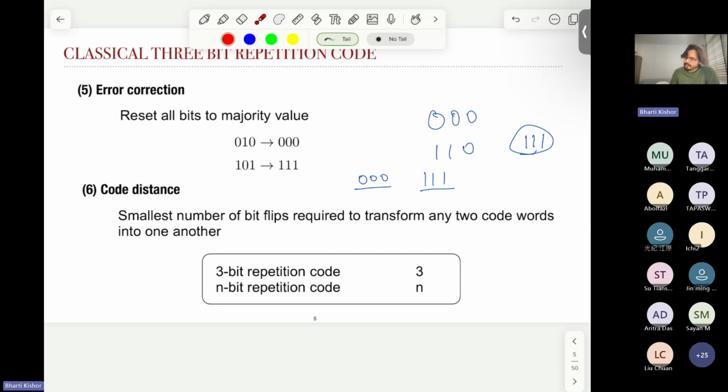Here the two code words are 0, 0, 0 and 1, 1, 1, and the smallest number of bit flips required to convert one to the other is 3. That's called the distance. The higher the distance, the more protection you have against noise. If you have an n-bit repetition code, this value will be equal to n.